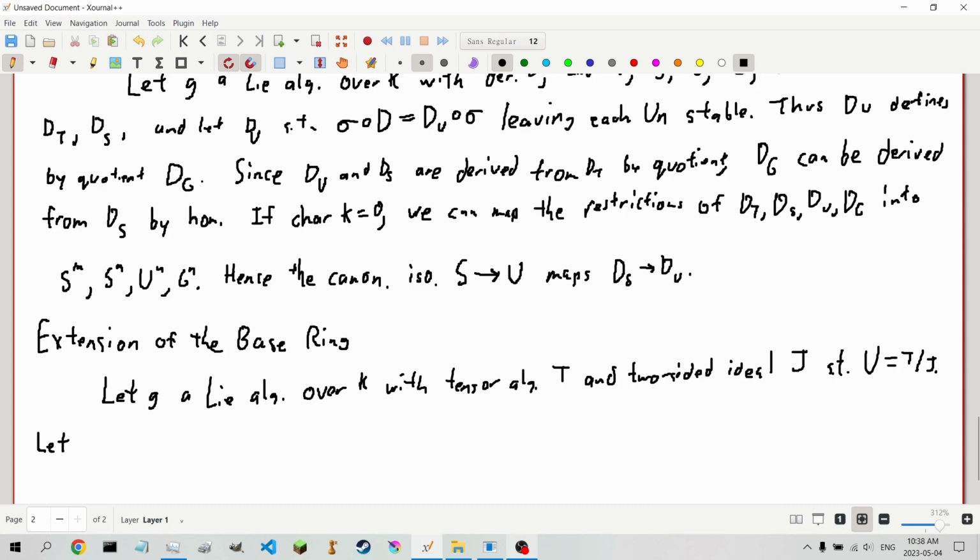Going to let K1 be a commutative ring. Ring is not an abbreviation, that is the full word, with a unit element and an injective homomorphism sigma mapping K into K1.